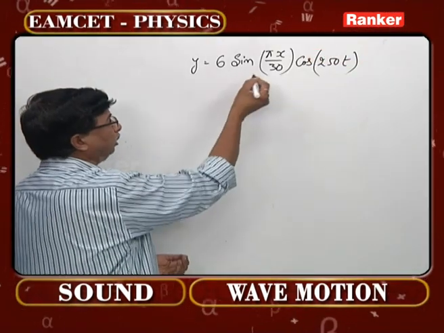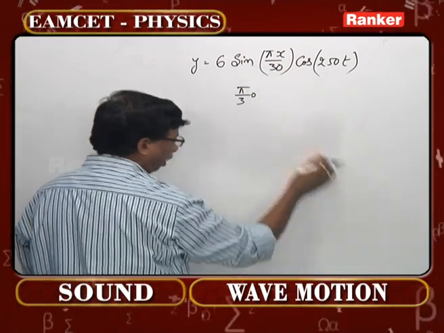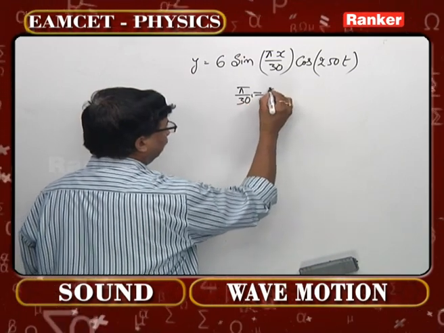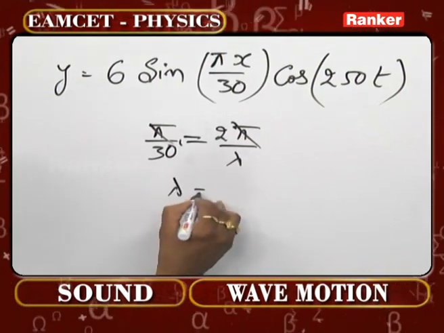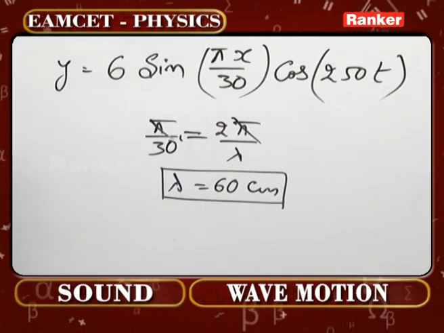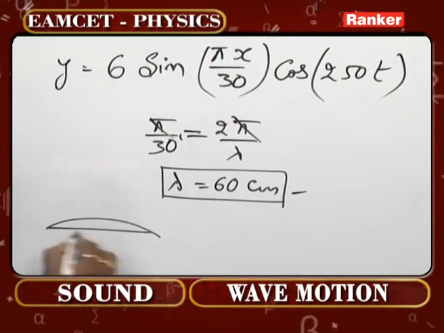Now the question over here is, what is this pi by 30 now? It is to be called as wavelength. That means what you should write? Pi by 30 is 2 pi by lambda. Pi getting cancelled, lambda becomes now 60 centimeter. That is the concept first. The moment lambda is 60, a loop means what is its length?